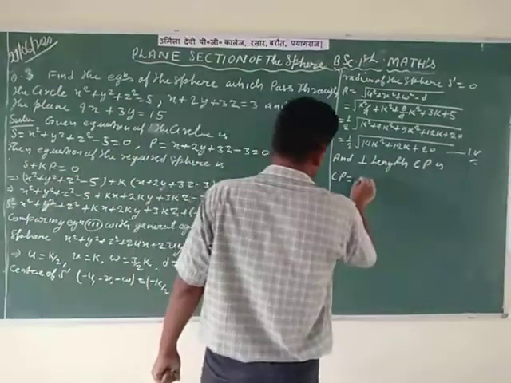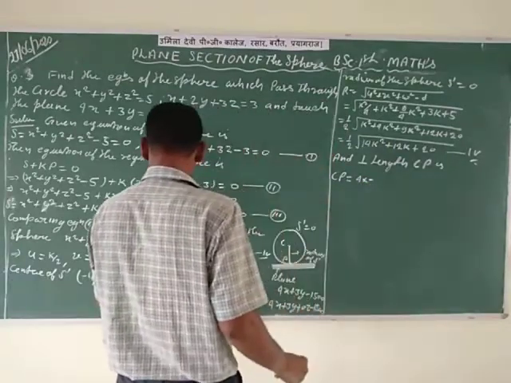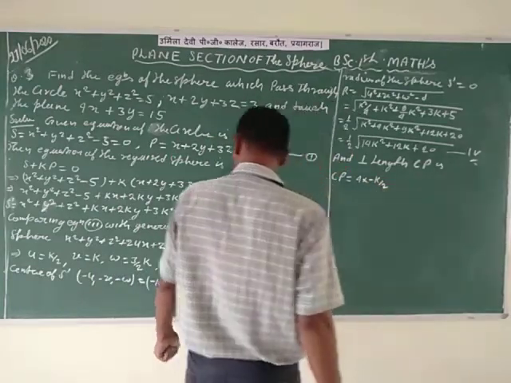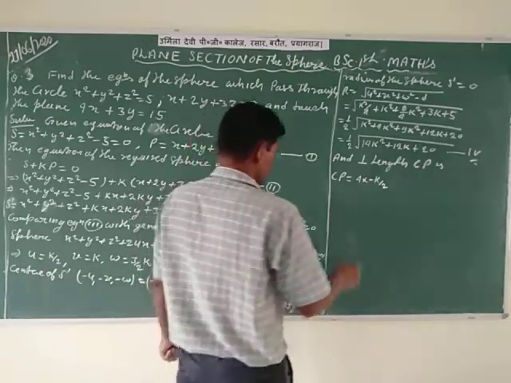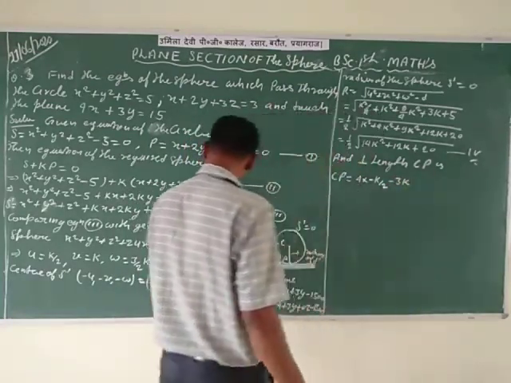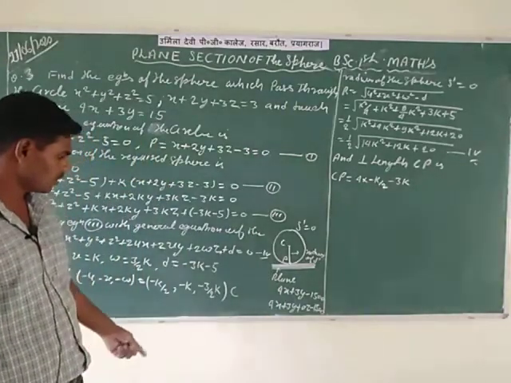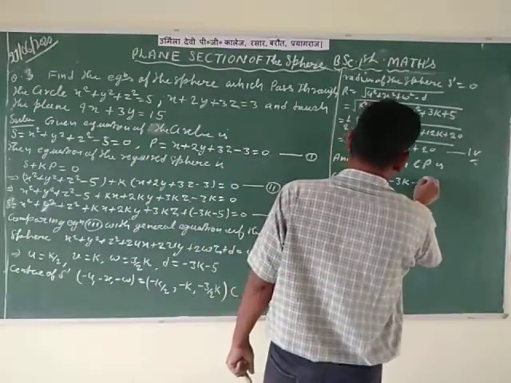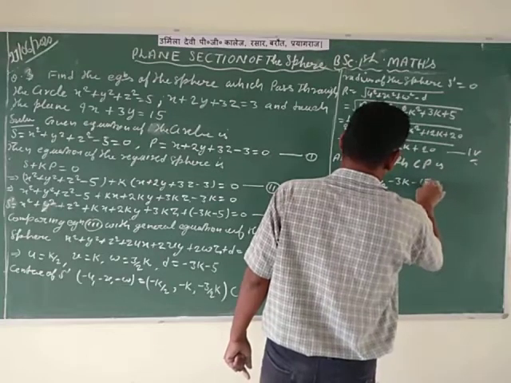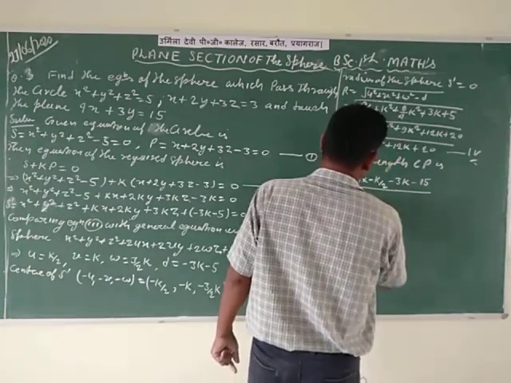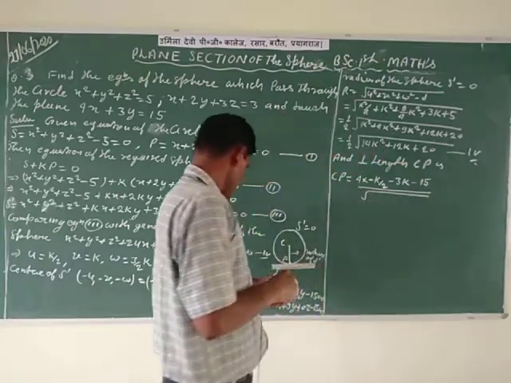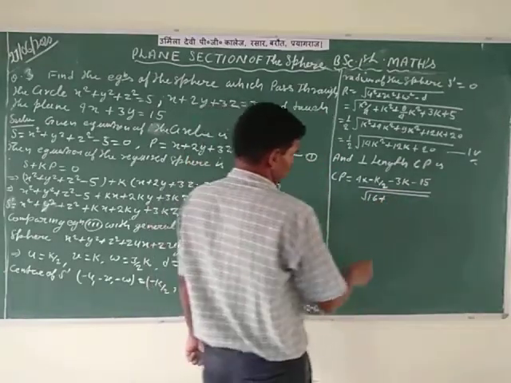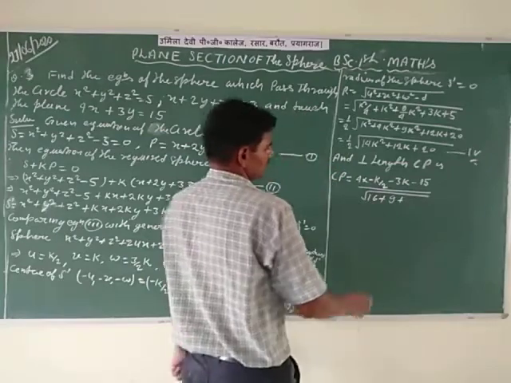So 4 into x equal to minus k/2, and y equal to minus k, so minus 3k, and the coefficient of z is 0, so 0 times 3/2 is 0, neglecting it, write minus 15, divided by under root of the coefficients of x, y and z squared: 16 plus 9 plus 0.